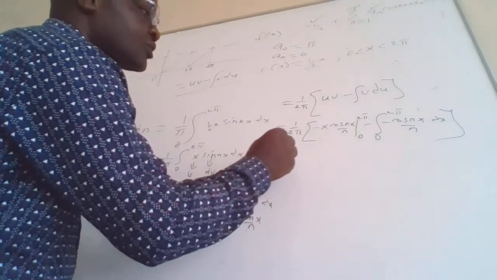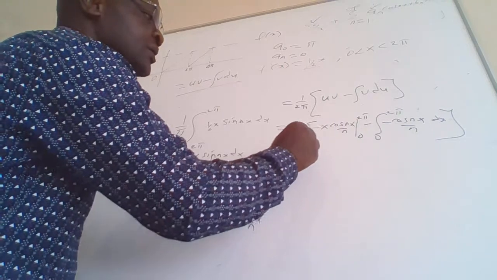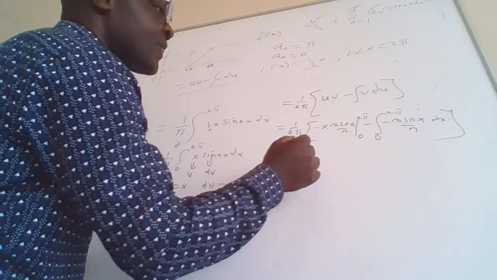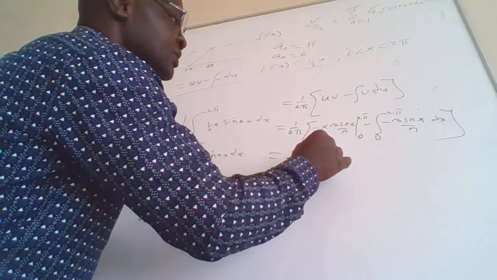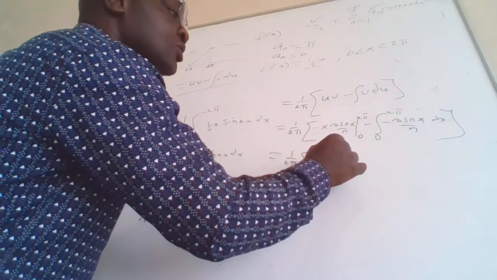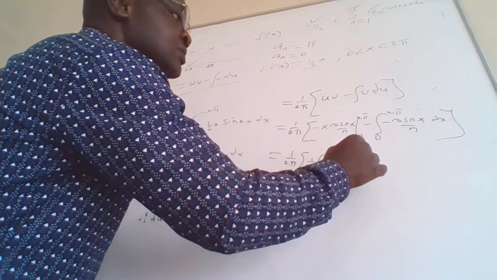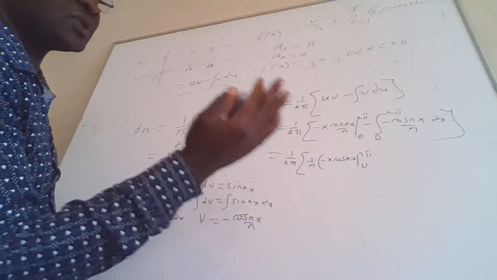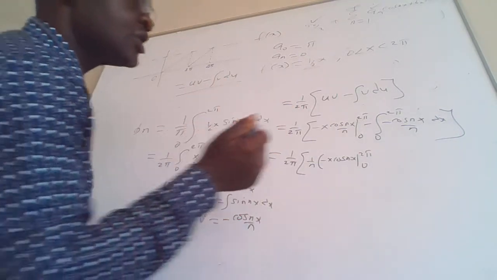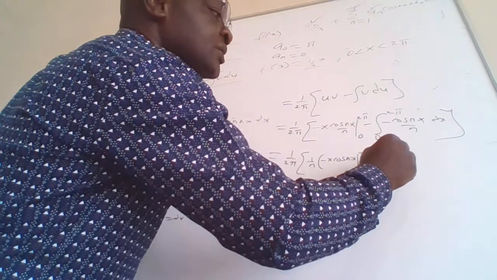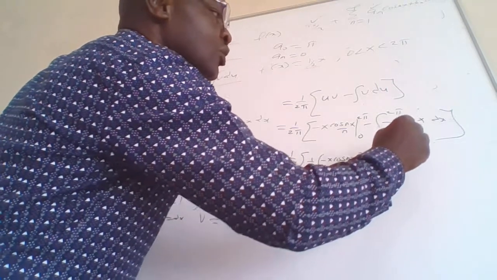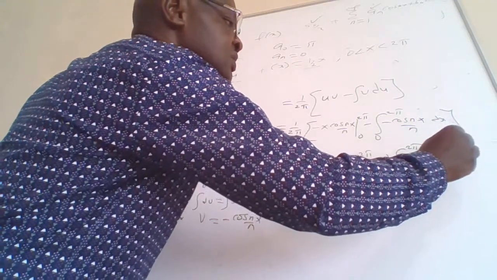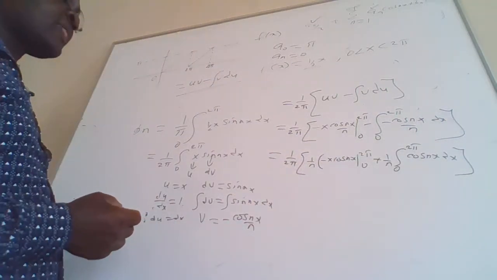Okay, so this equals to 1 all over 2 pi into this. This is the same as 1 all over n into minus x cos nx from 0 to 2 pi. This and this will be positive, and we take out 1 all over n, so that we have plus 1 all over n into the integral from 0 to 2 pi of cos nx dx, like that.